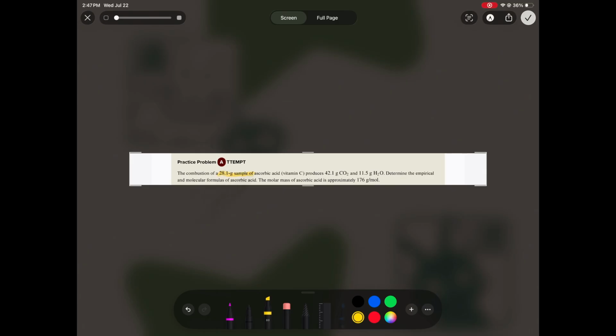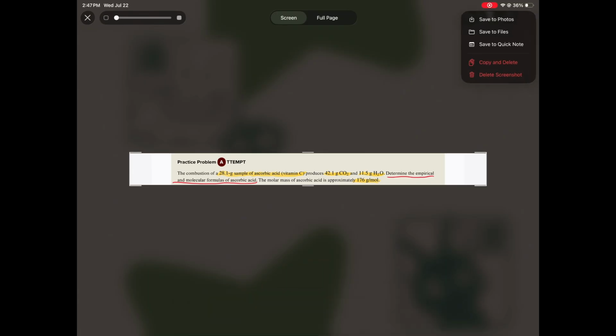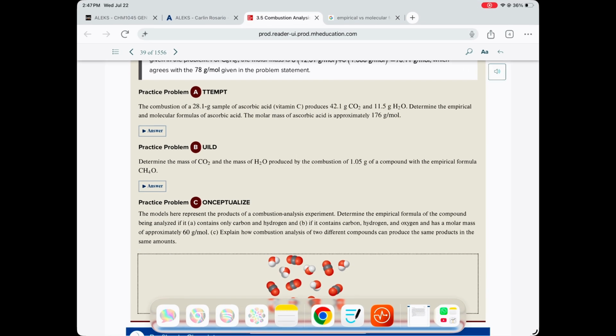Determine the empirical and molecular formulas of ascorbic acid. So right now I'm highlighting the information that I know, details that are important for me to fall back on as I move forward with the problem.